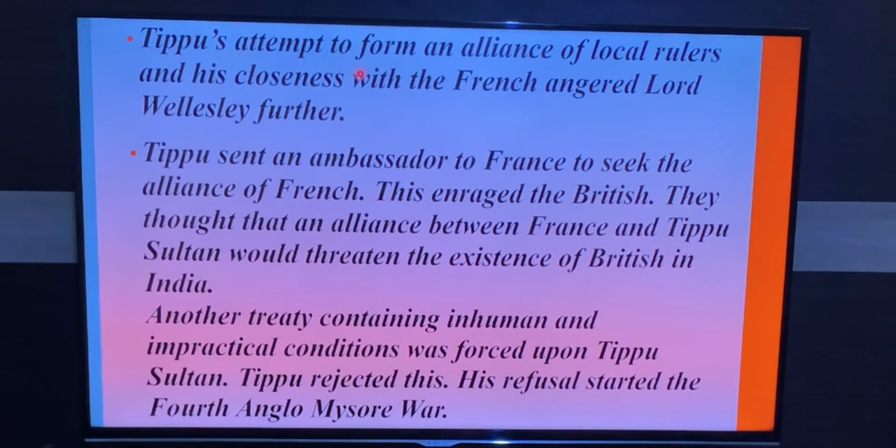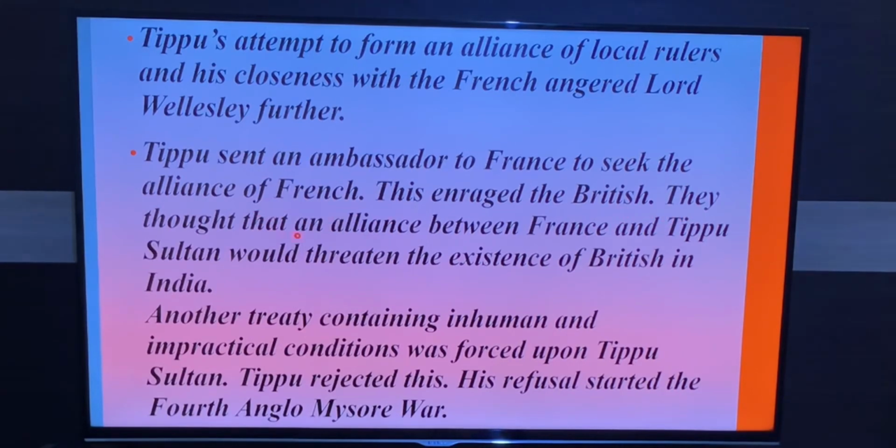Tipu's attempt to form an alliance of local rulers and his closeness with the French angered Lord Wellesley further. Tipu sent an ambassador to France to seek the alliance of the French. This enraged the British.